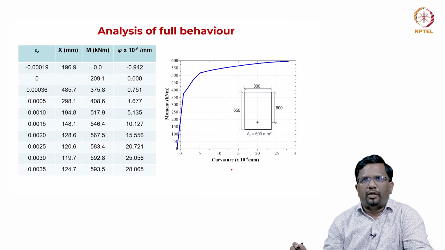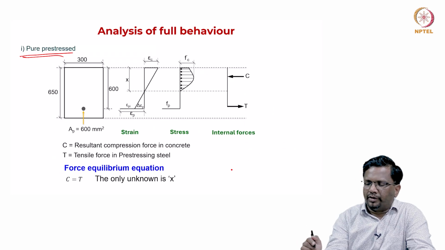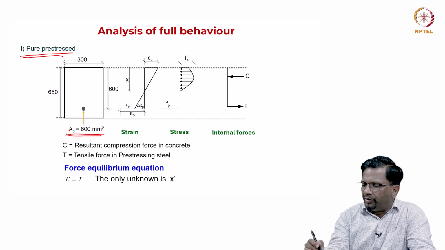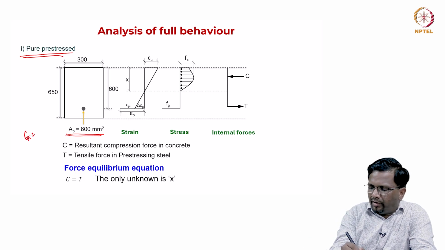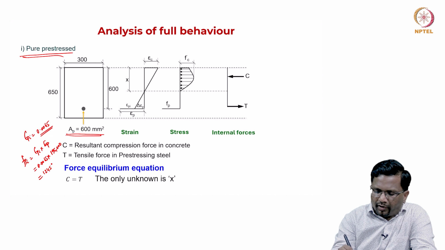So, this is the cross section we have, and this is the amount of pre-stressing steel that I have. Again, this has been stretched to a strain epsilon pi of 0.0065. Now, FPI is going to be epsilon pi multiplied by EP, where EP is 195,000, so we roughly get 1245 megapascal or so. Okay, we will calculate that.